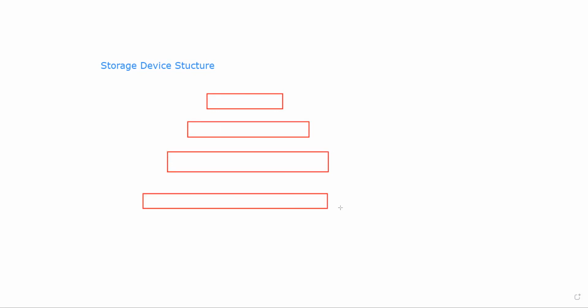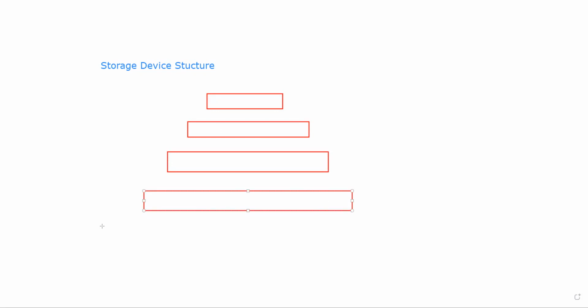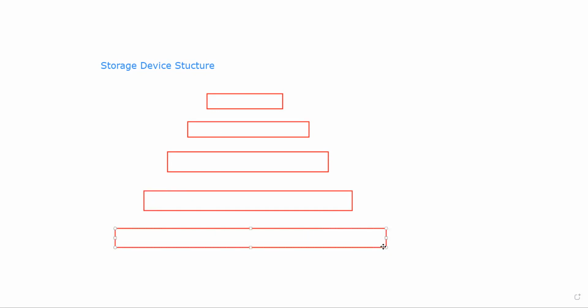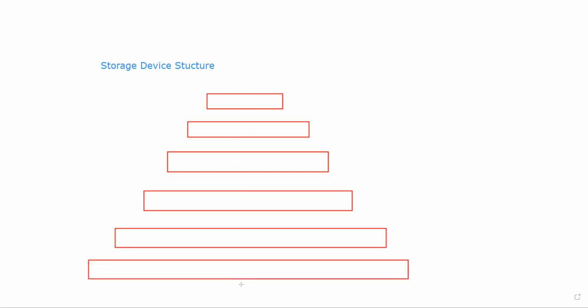And the next one is again larger than the previous one, and this one is also larger than that one. Now, I have considered 1, 2, 3, 4, and 5. And I will take another two things. This one, 6. I will take something here which is small in size compared to this one.